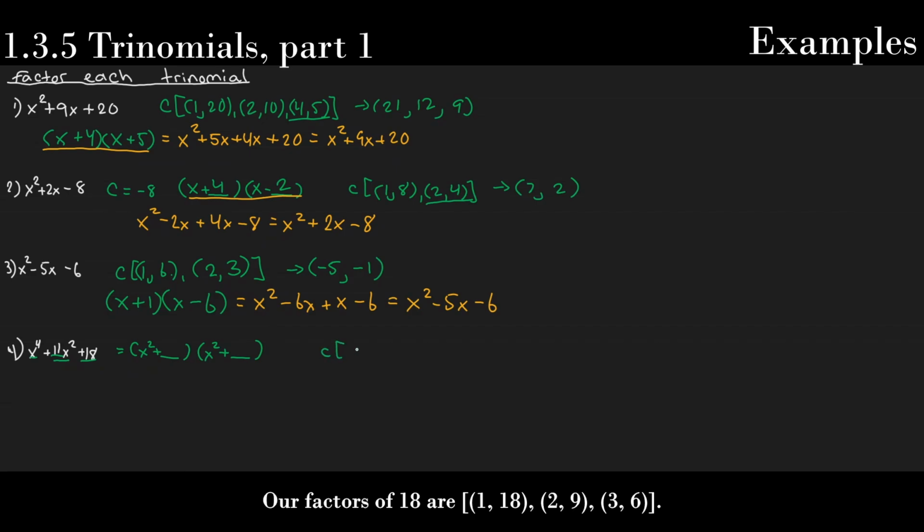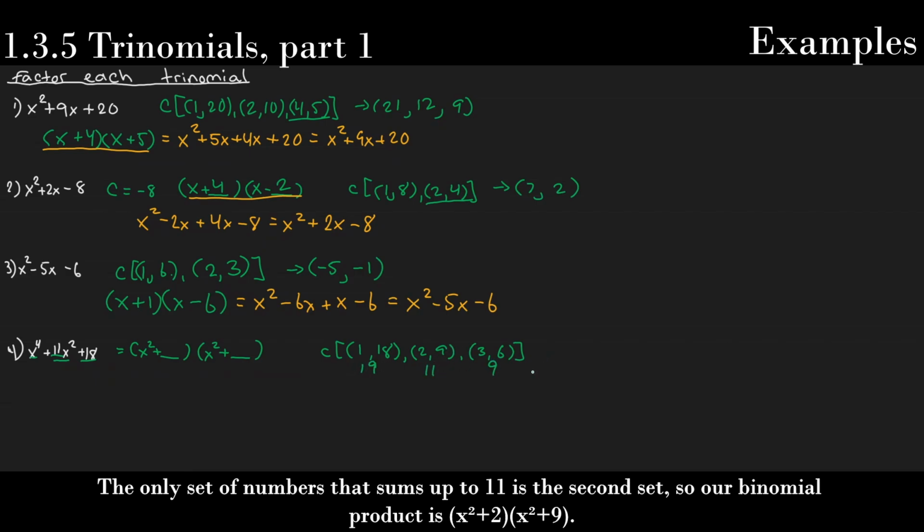Our factors of 18 are 1 and 18, 2 and 9, 3 and 6. The sums of these sets are 19, 11, and 9. The only set of numbers that sums up to 11 is the second set.